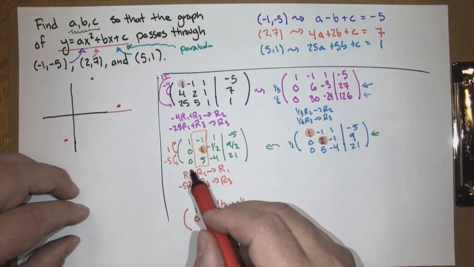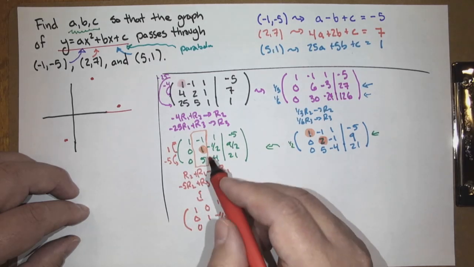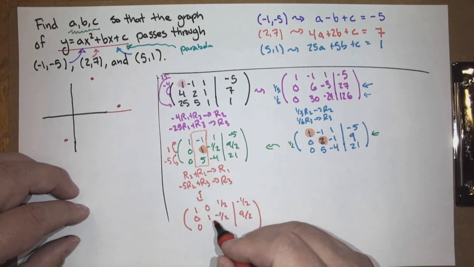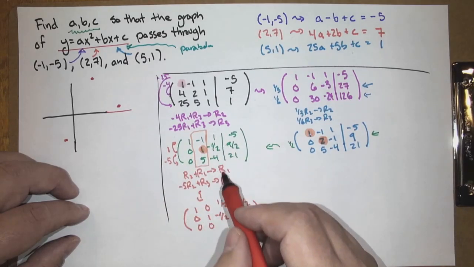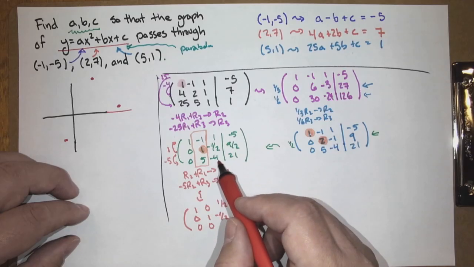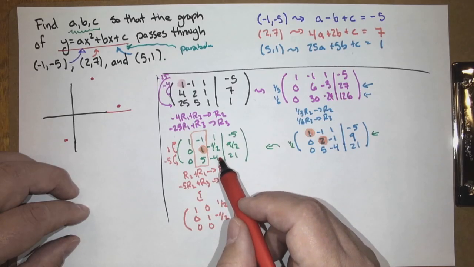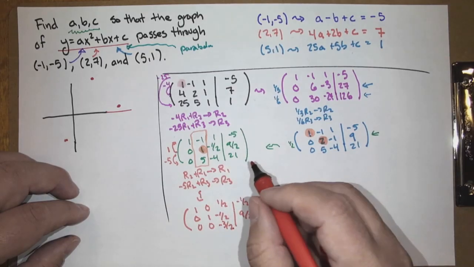Okay, now the other operation. 0 plus 0, 0. Minus 5 plus 5, 0. So I'm multiplying by negative 5 and then adding. So it'd be 5 halves minus 4. 5 halves minus 4 is the same as 5 halves minus 8 halves. So that's minus 3 halves.